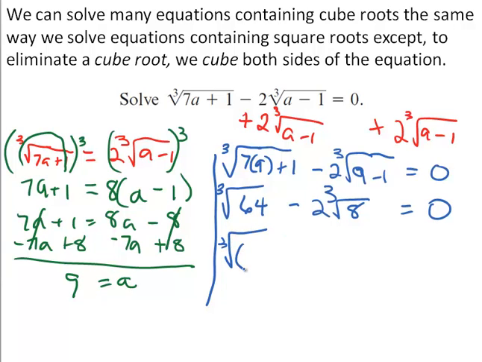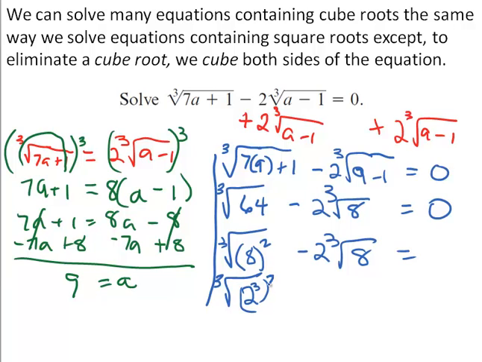This is the same as 8 squared. The cube root, and I'll come back to that in a minute. So here, 8 is the same as 2 cubed, right? So I have 2 cubed to the second, which is really 2 to the 6th.